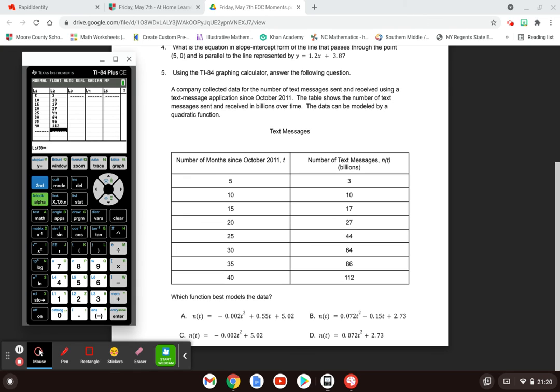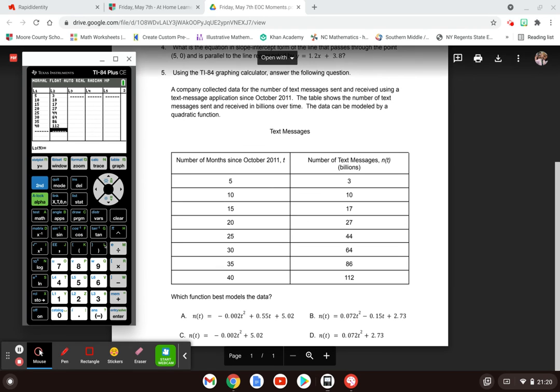All right, so my next step, and again, you have all these steps on the PDF I provided you a few days ago, would be to press the Stat button again, and then this time we're going to arrow over to Calc. Then I can arrow down or press the number 5 to Quadratic Regression, which tells the calculator that I'm doing a quadratic.